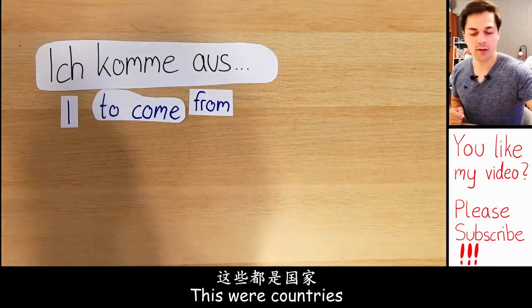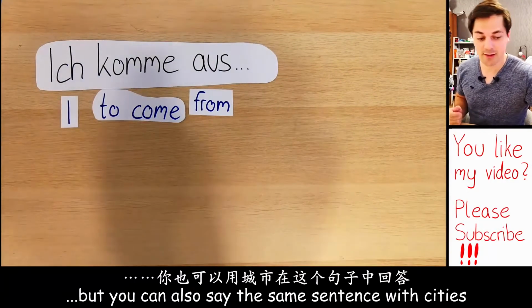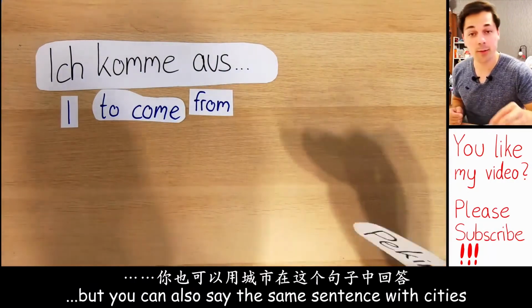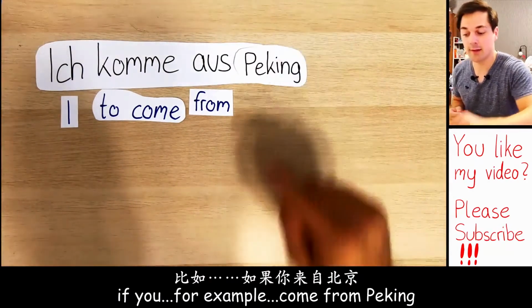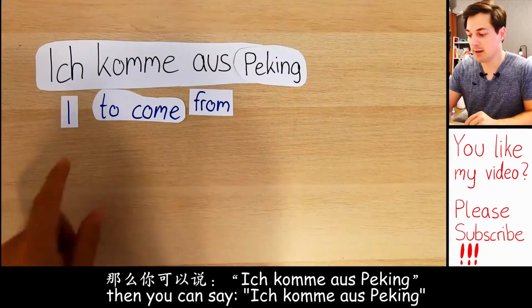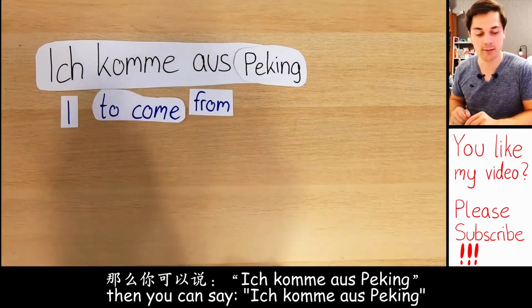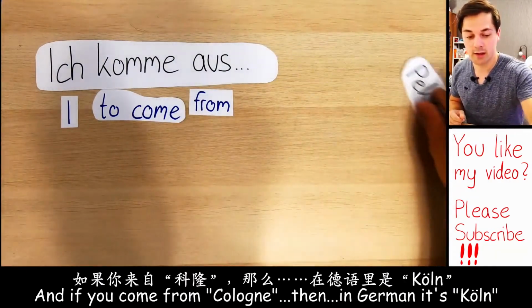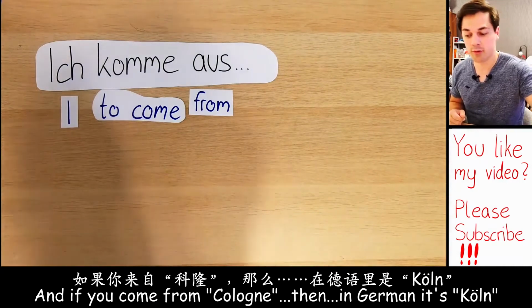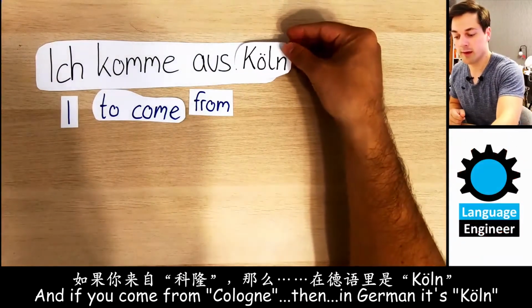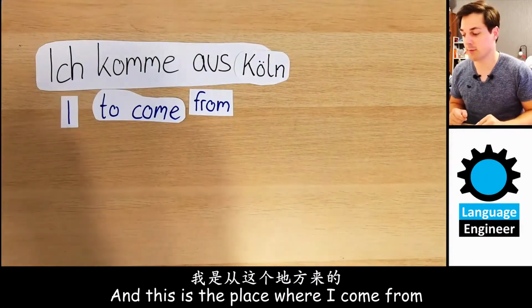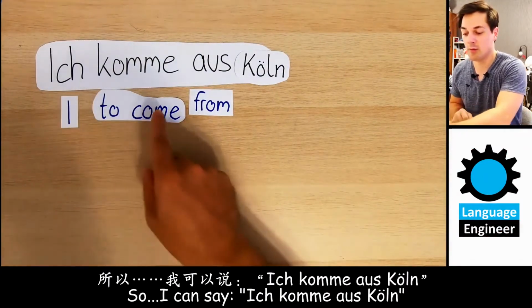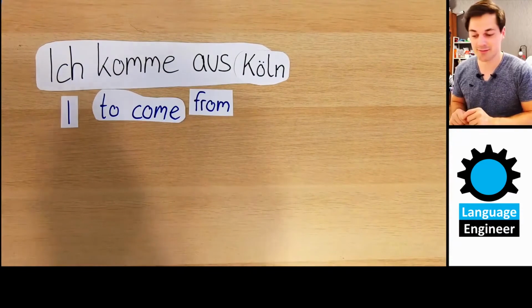Okay. So these were countries, but you can also say the same sentence with cities. So if you, for example, come from Peking, then you can say Ich komme aus Peking. And if you come from Cologne, then in German it's Köln. And this is the place where I come from. So I can say, ich komme aus Köln.